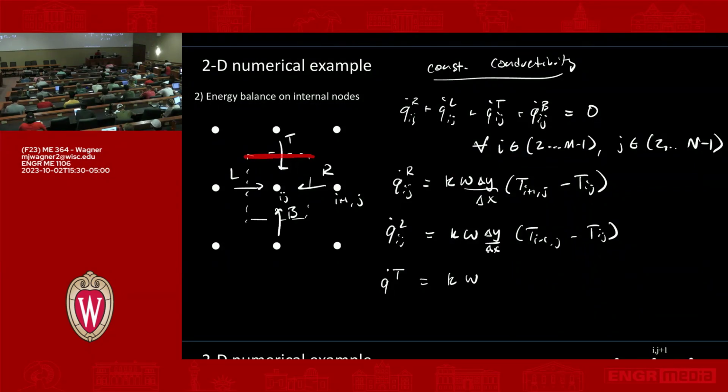Distance to conduct is delta y. Now we have T i j plus 1 minus T i j. Q dot bottom is basically the same thing, just from the other direction. All right, so now we have these four rate equations. We plug them into that energy balance above, and we have our first nodes.